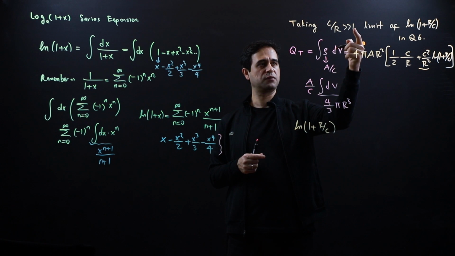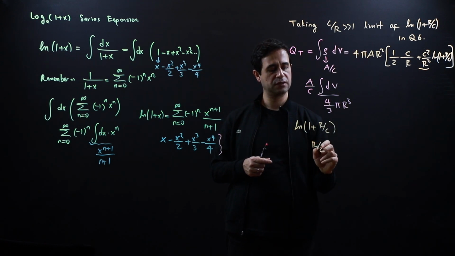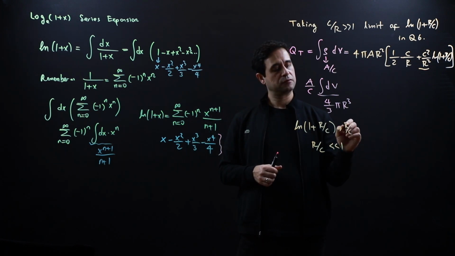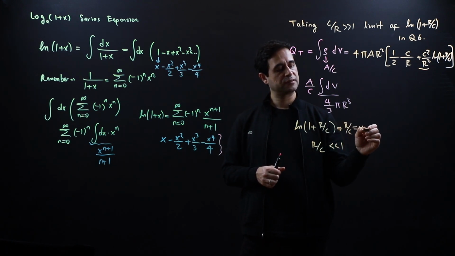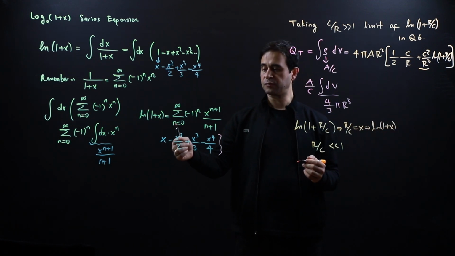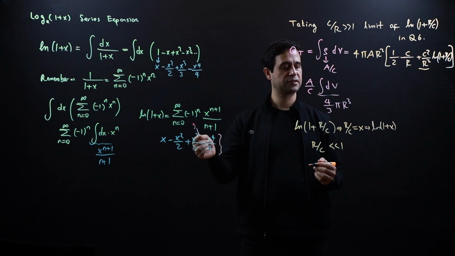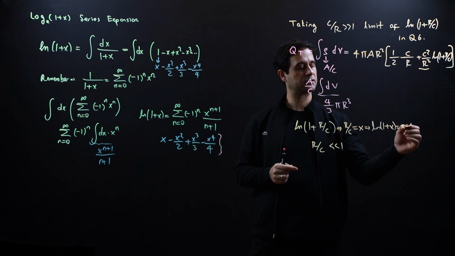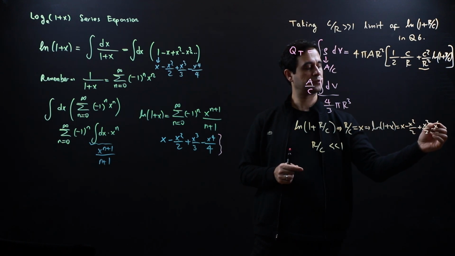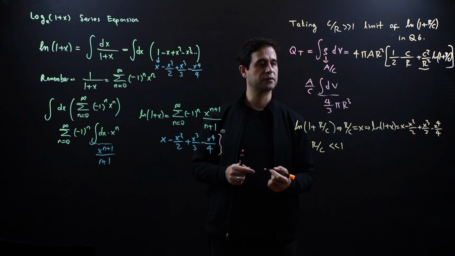Because when c over r is big, r over c is a very small number. So if I define r over c as x, this is the logarithm of 1 plus x, and that's equal to x minus x squared over 2, and it goes like that. So that's x minus x squared over 2 plus x cubed over 3 minus x to the 4 over 4. So it goes like that.